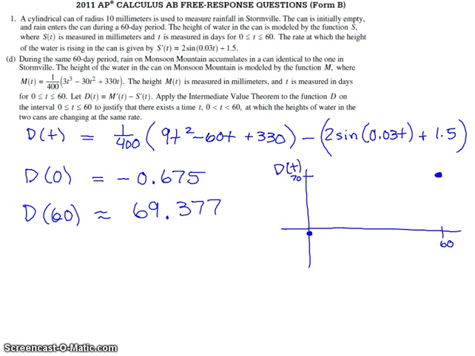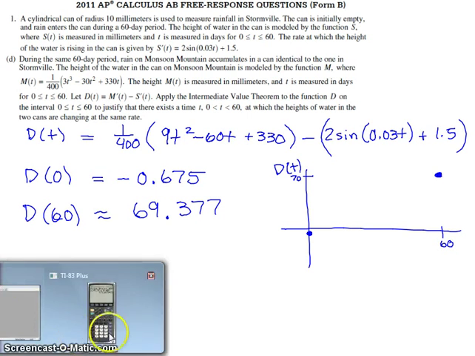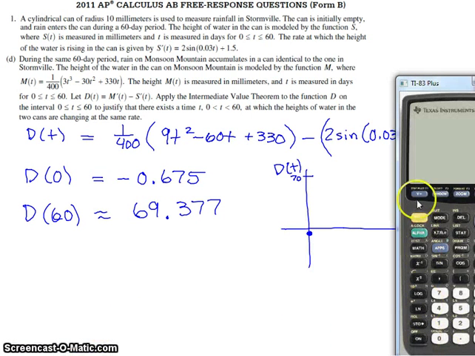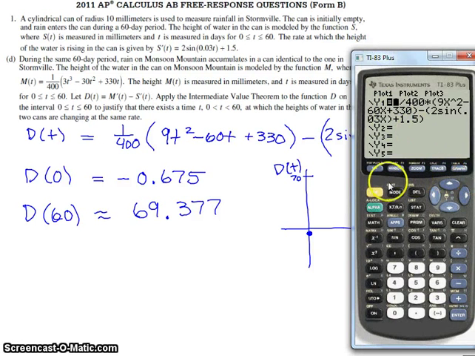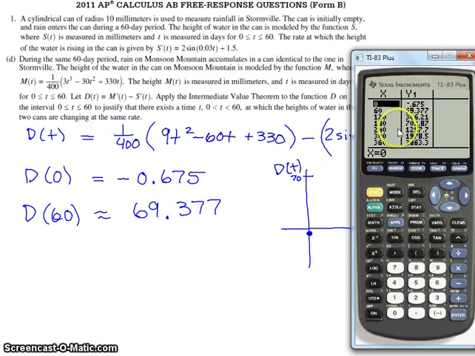So what I did, and I think I have this on my calculator still here, I put D(t) into the calculator, and then I manipulated my table so that in my table I could see what D(0) is, copied it down right there, and then D(60), copied it down right there.